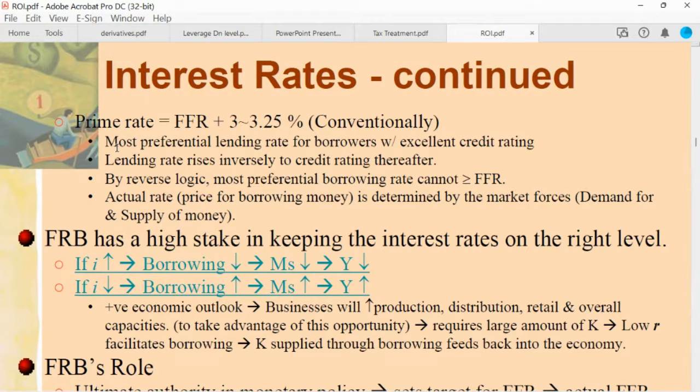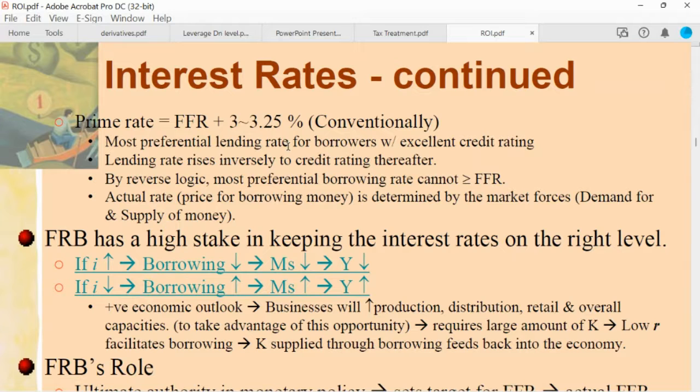Less than 5% of the entire population falls into this category. If you are there, then you will get something like 3.5%. That's the prime rate.